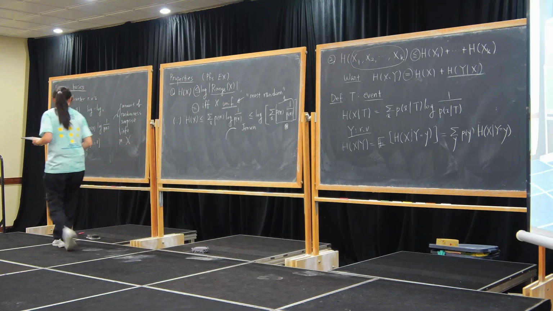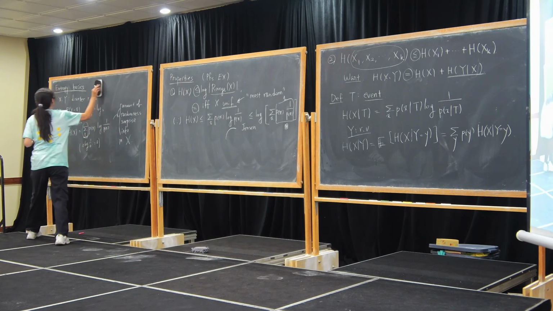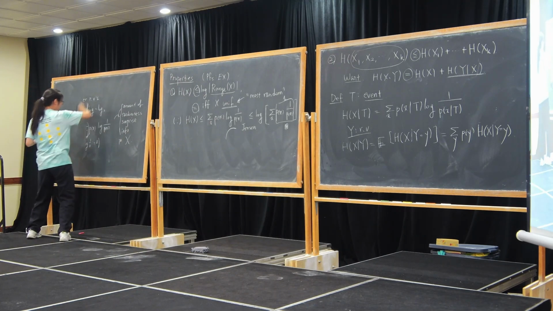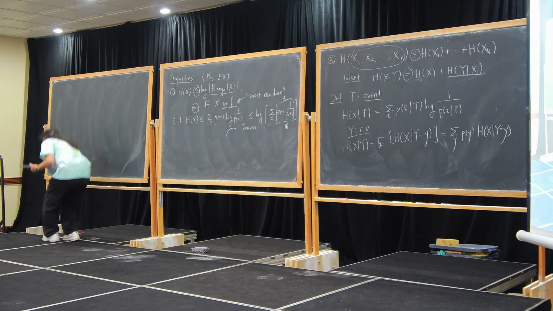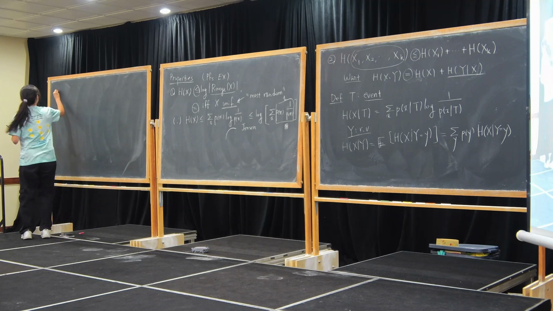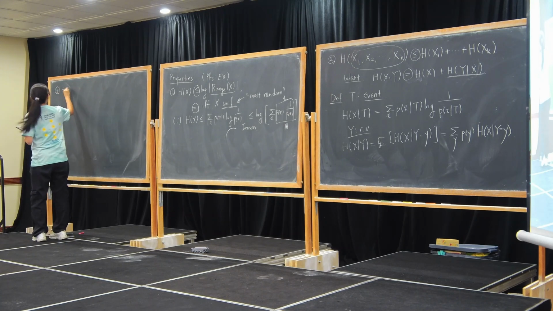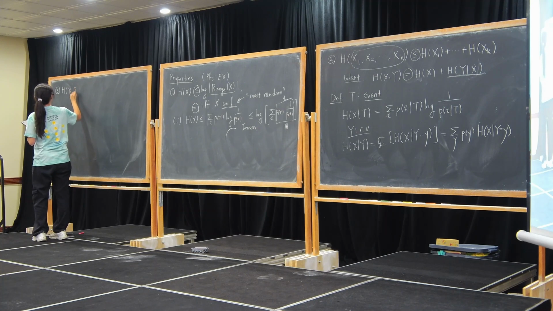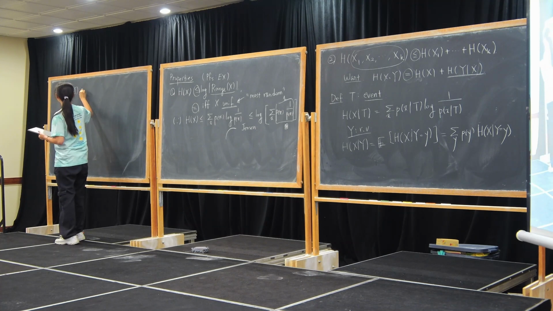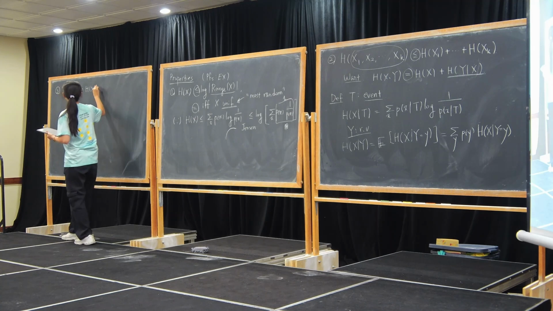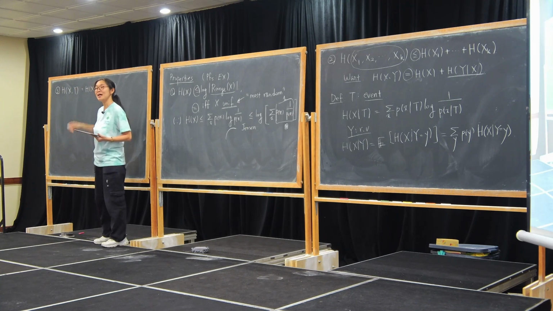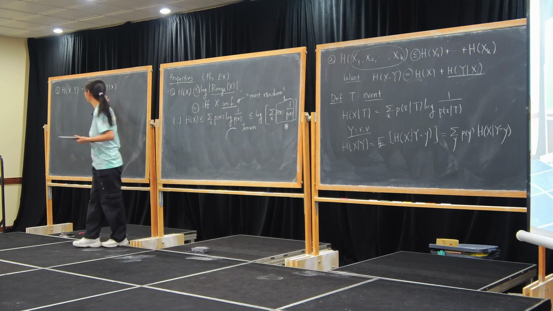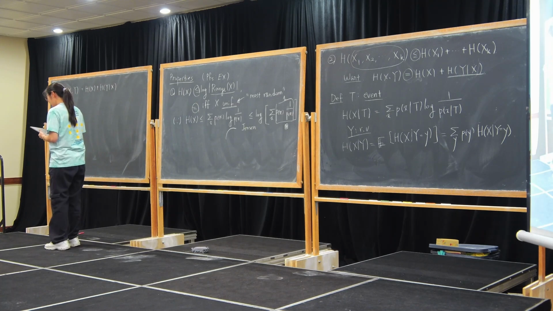And the third basic property using the conditional entropy is this. The entropy of X and Y is exactly the entropy of X plus the entropy of Y given X. And again, Bob put it in the problem section, and you can think about how to prove it.